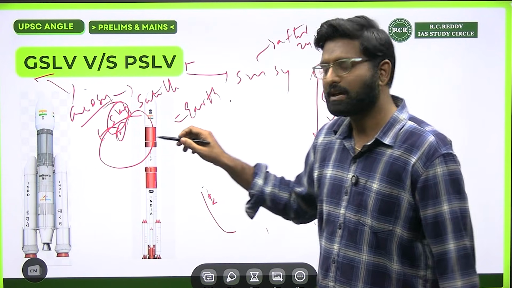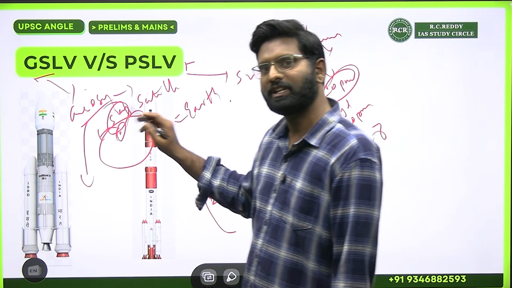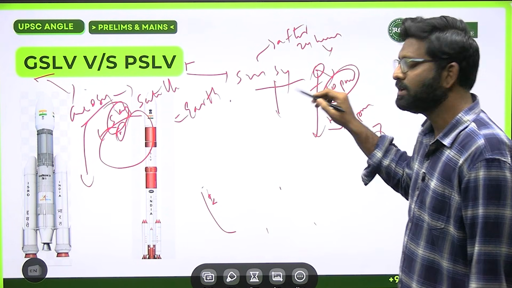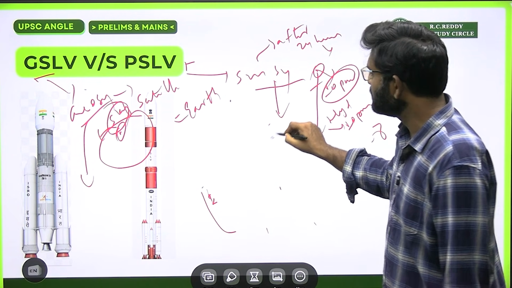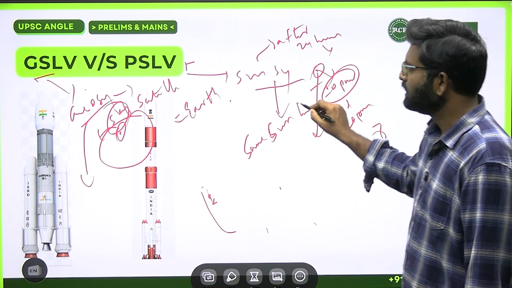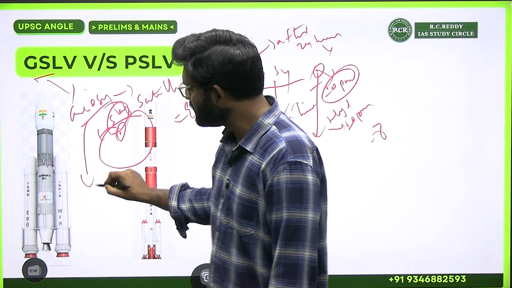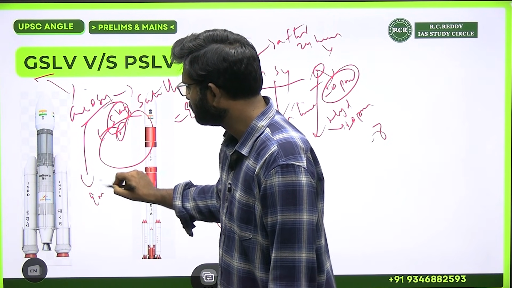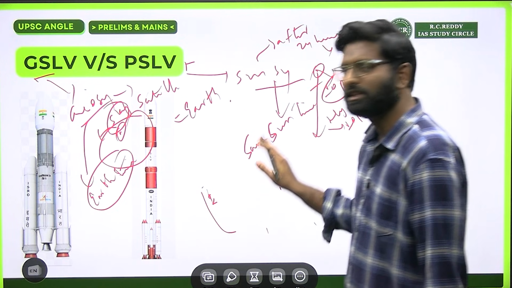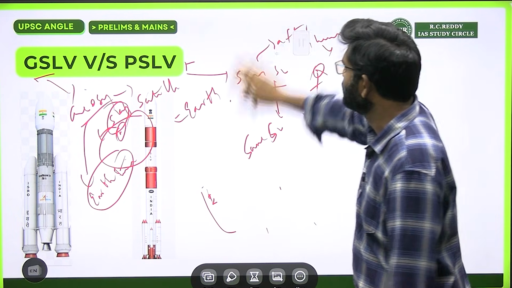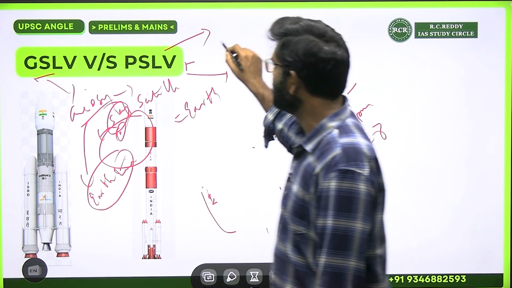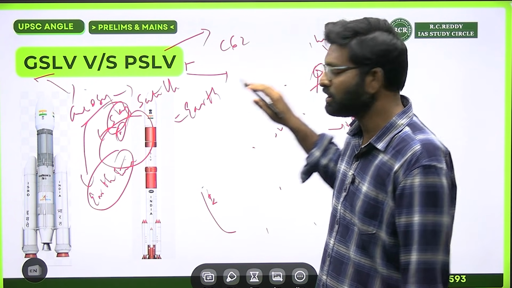In geosynchronous orbit, the satellite will be in sync with the Earth. In sun synchronous orbit, the satellite will be in sync with the sun. That is same sun time. Here geosynchronous orbit, it is same Earth time. So these are the fundamental differences. So now that we have launched this PSLV C62 in sun synchronous orbit.